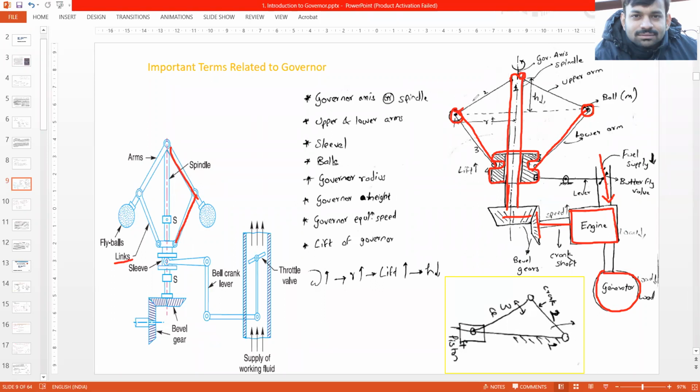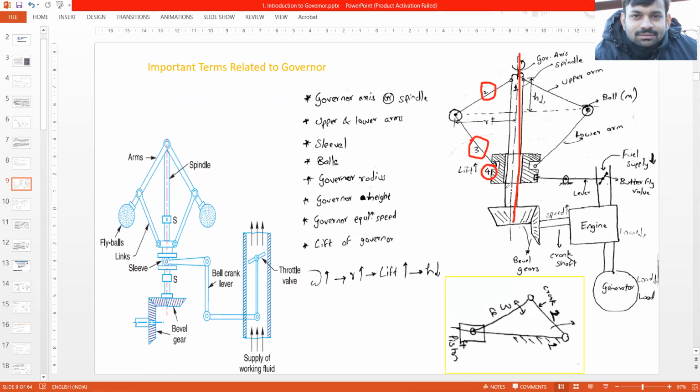Okay, and these are the upper arms. So if you watch this closely, you will find that this spindle is link number 1. This upper arm is link number 2. This lower arm is link number 3, and this sleeve is link number 4.